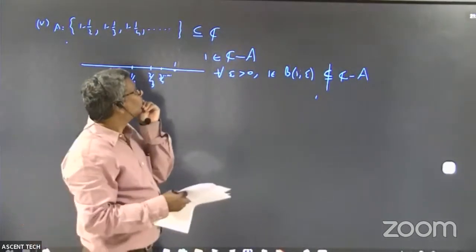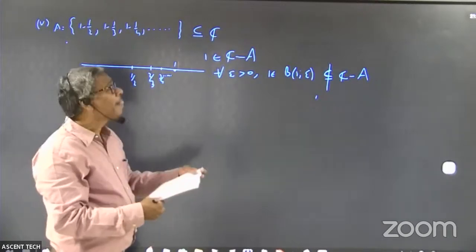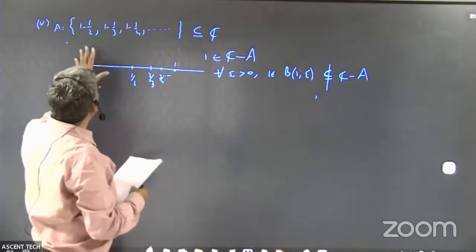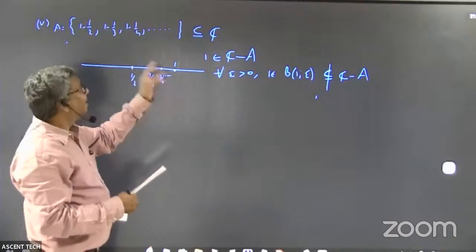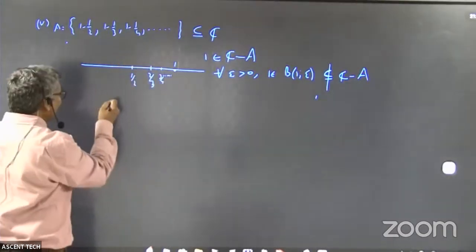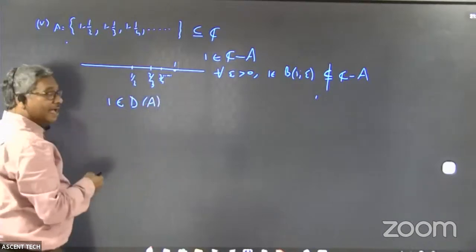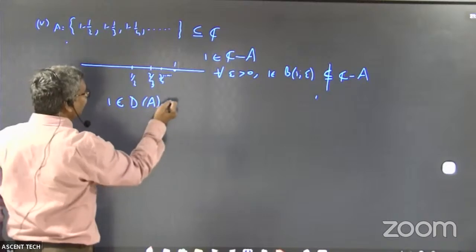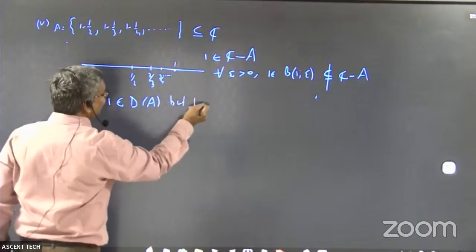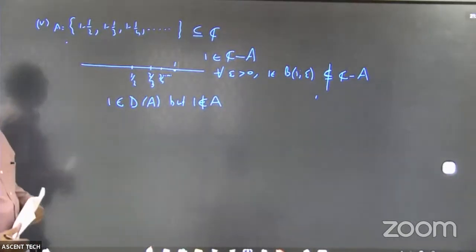Somehow this is basically because the set is accumulating at the point 1, and that accumulation point is not there. This 1 is in the derived set of A, and somehow 1 is not in A. That's why A is not closed.